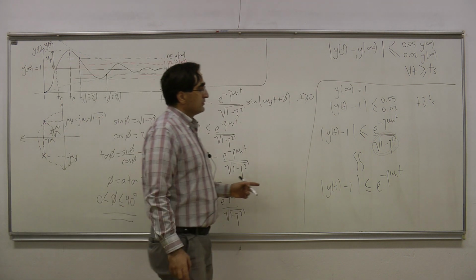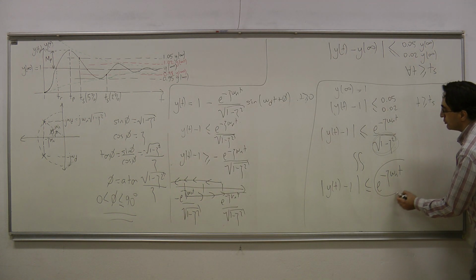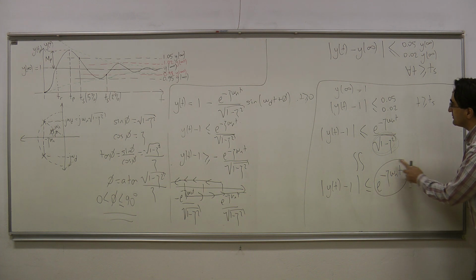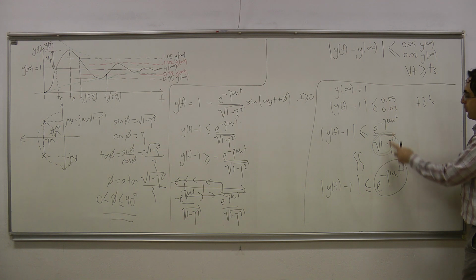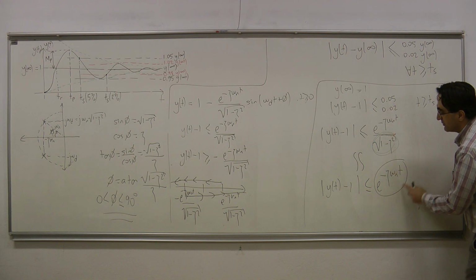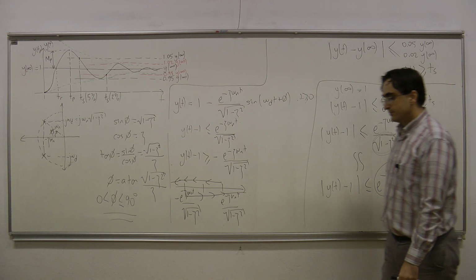So now I'm asking you the following question. What is the smallest time instant t such that the right-hand side here is smaller than or equal to 0.05? Or what is the smallest time instant such that this exponential is smaller than or equal to 0.02?